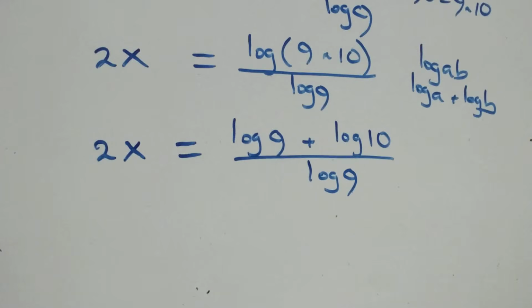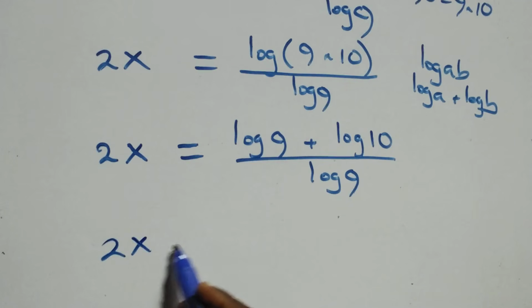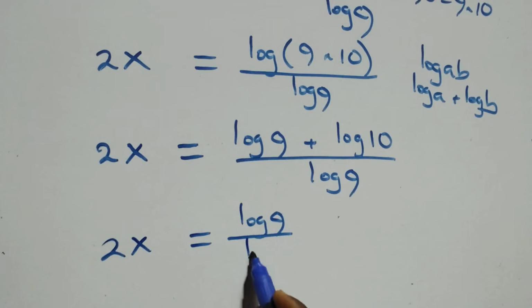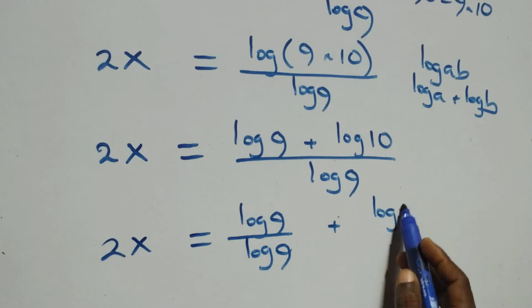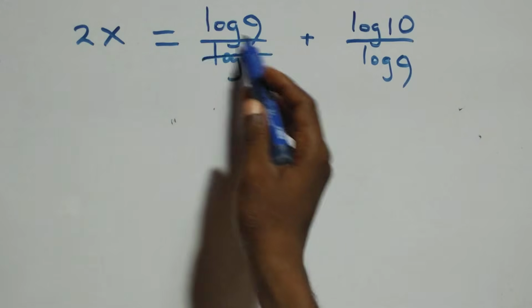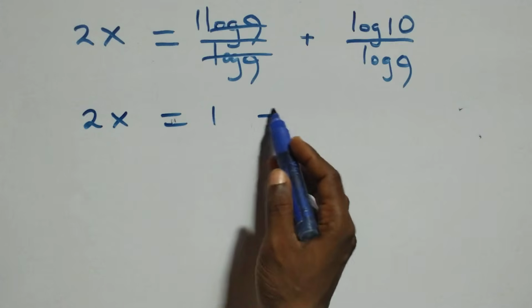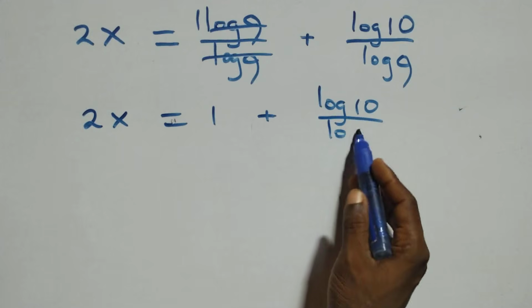We separate this into two fractions, and we have 2x equals log 9 over log 9 plus log 10 over log 9. Then the log 9 cancel each other and 1 is left, which implies 2x equals 1 plus log 10 over log 9.